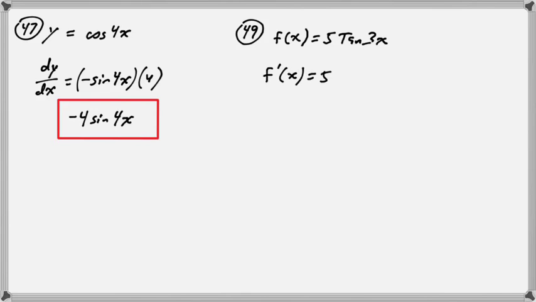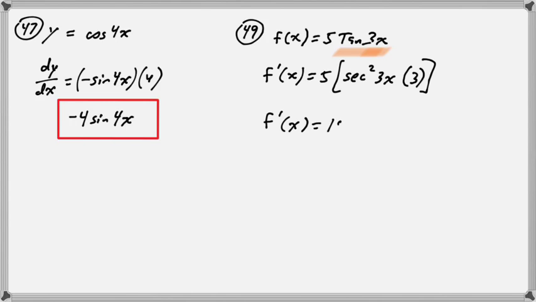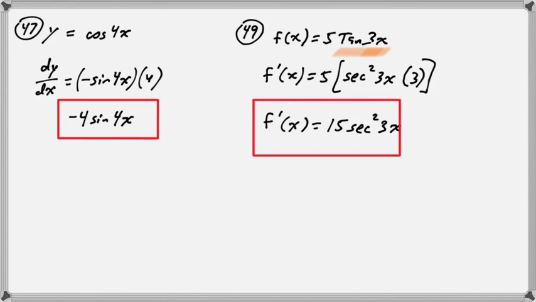Can you keep the 5 out as a constant factor? What is the derivative of tangent? Well, it happens to be secant squared of the same angle times the derivative of the angle. 5 times the 3 making 15 secant squared of the same angle.